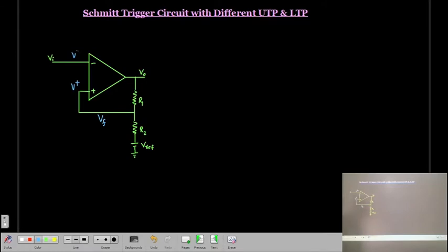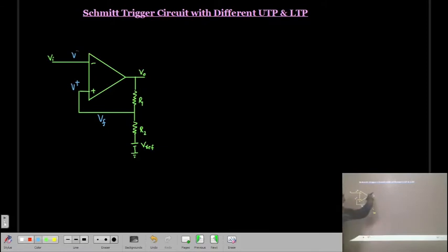Whenever your output voltage is in plus V saturation, the feedback voltage will be positive, and when it is in minus V saturation, the feedback voltage will be negative, and that is called the LTP.